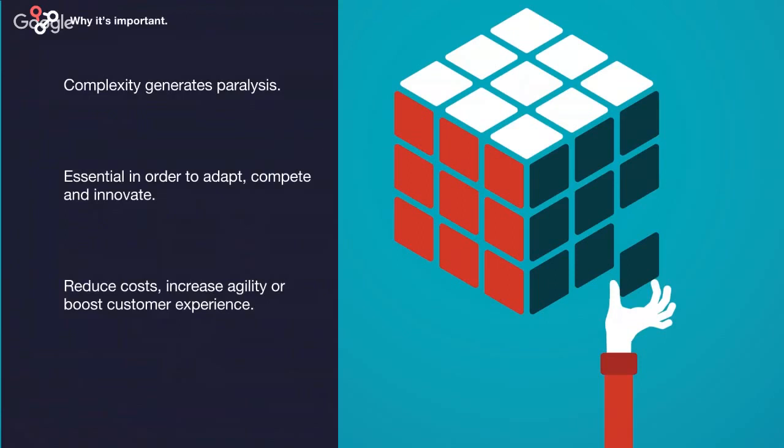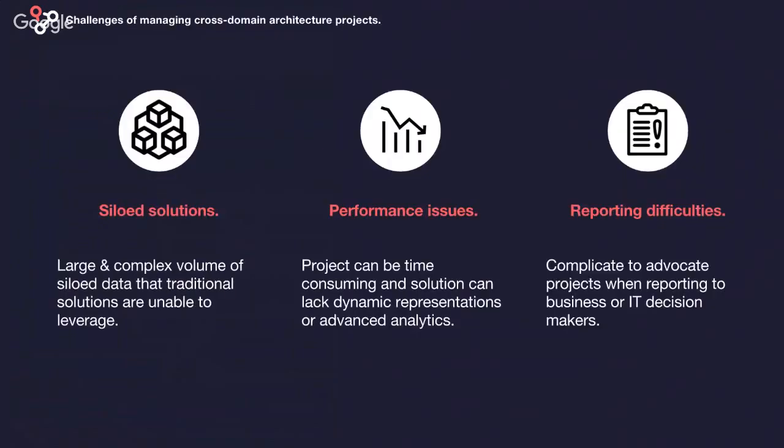But despite being more and more applied in today's large organizations, EA and architects still face important challenges. And some of these challenges actually come from the lack of a unified view of the enterprise architecture data.